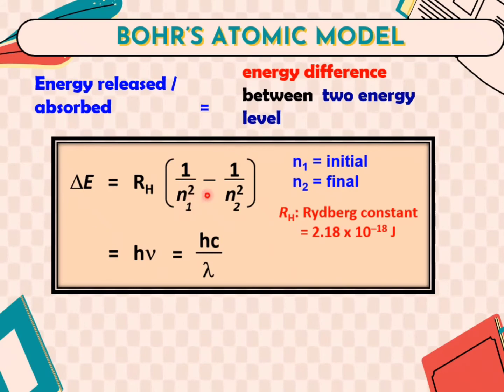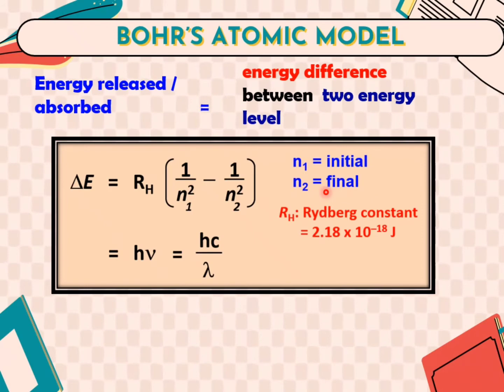So N1 refers to the initial. Maksudnya N1 ni adalah tempat permulaan elektron, sama ada lower energy level or higher energy level, minus 1 over N2 squared. N2 squared final, dia kat mana tempat elektron tu sampai.